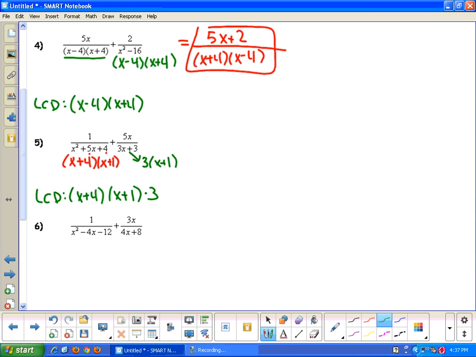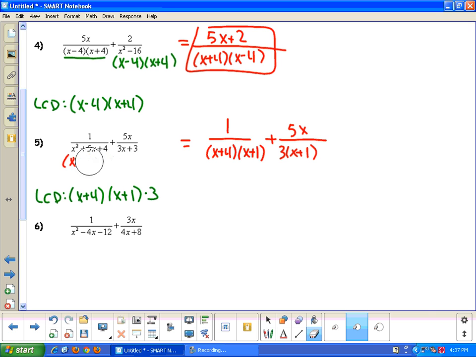That means if I look at the first fraction, I'm going to rewrite this so it looks a little nicer. Now that I have this, I have to look to see what I'm missing.